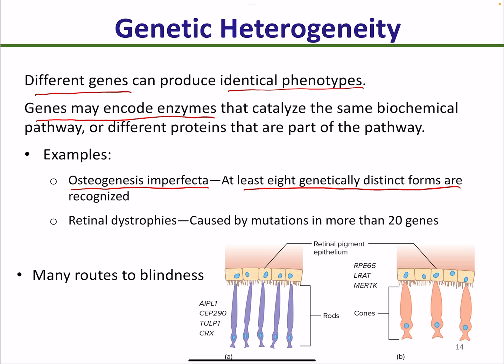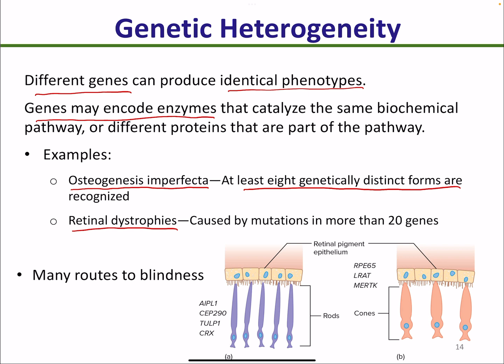And then we have the case of retina dystrophy that can lead to blindness, right, to individuals. So we have multiple genes that are involved in this, right? So in reality, you have multiple ways to become blind at some point in your life, right?